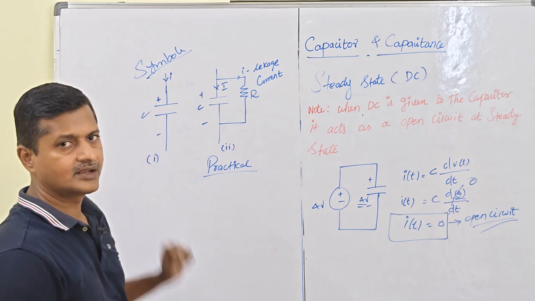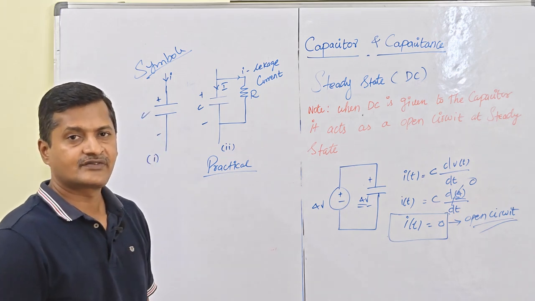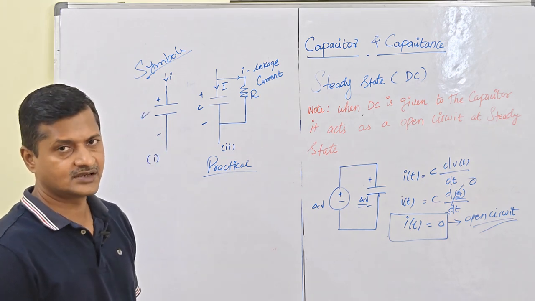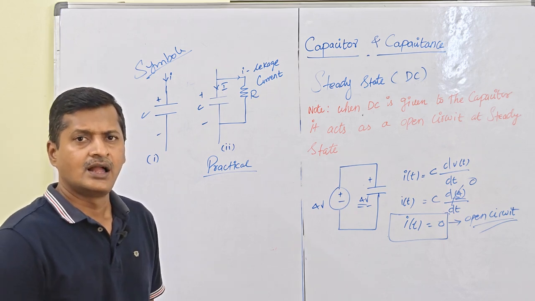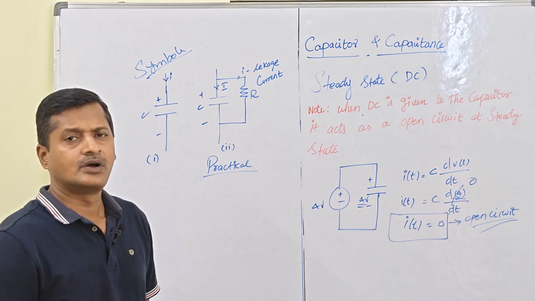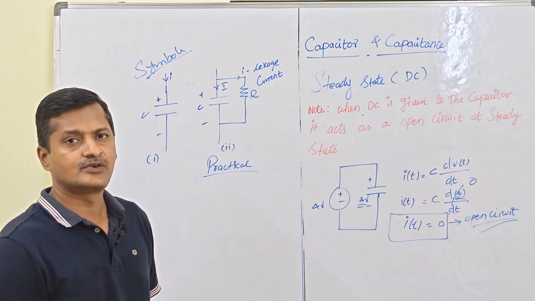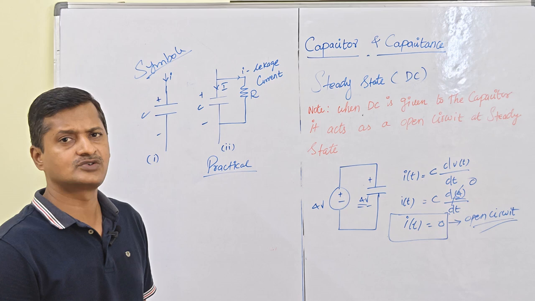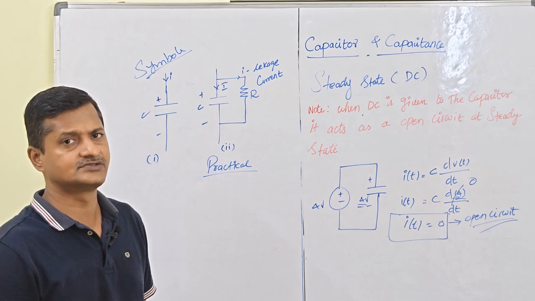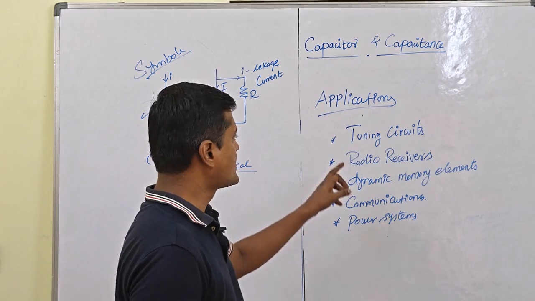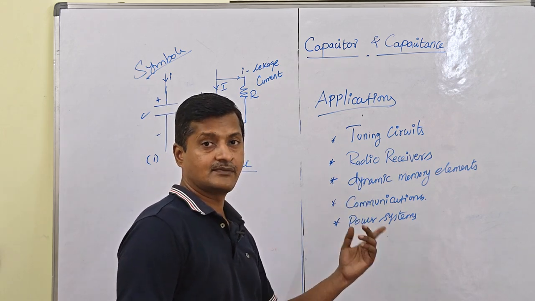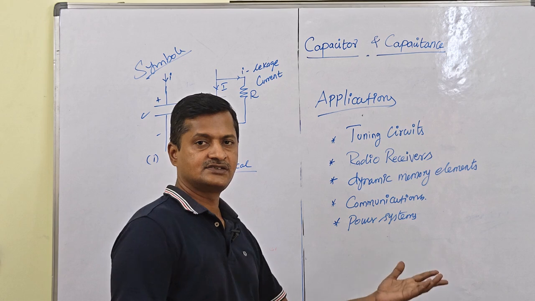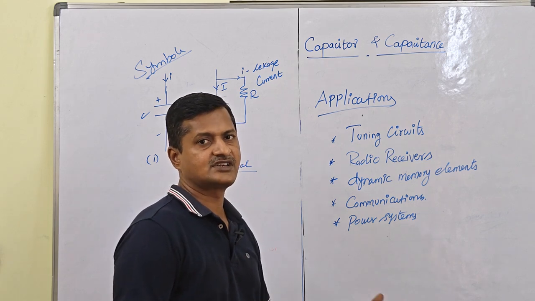Okay, right? So next, what are the applications of the capacitor? Capacitors are used in tuning circuits, communication systems and storage units. For digital data storage we use a capacitor for storage. Applications of the capacitor include tuning circuits, radio receivers, dynamic memory elements in computers, communication systems as well as power systems.